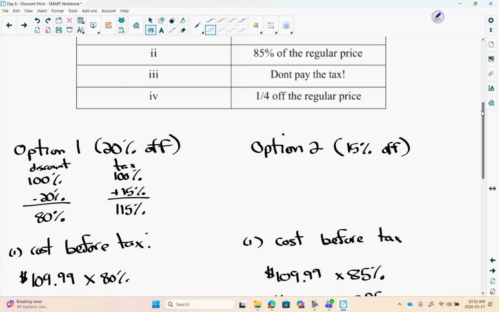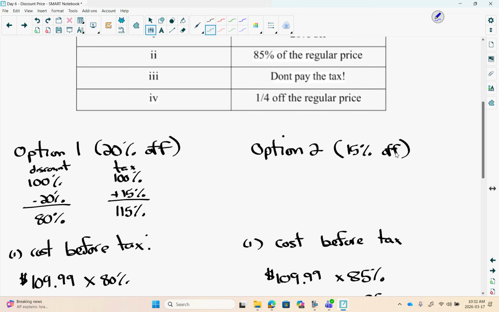And then finally, you have option 4, which says 1/4 off the regular price. 1/4 would be equivalent to what? 25%. 1/4 equals 25 over 100 equals 0.25 equals 25%.